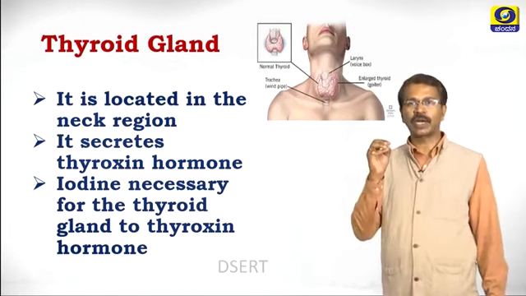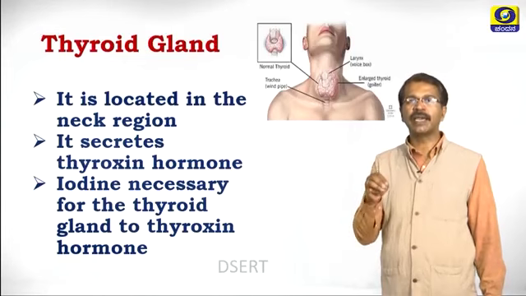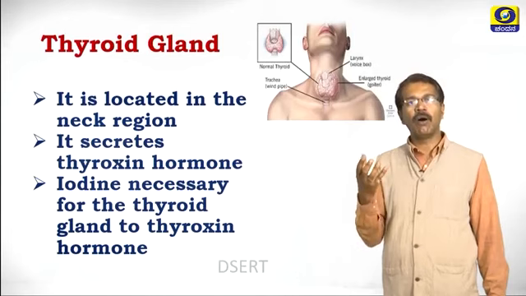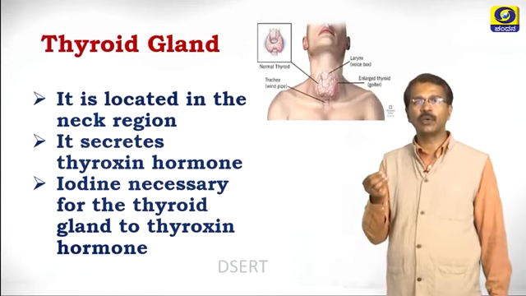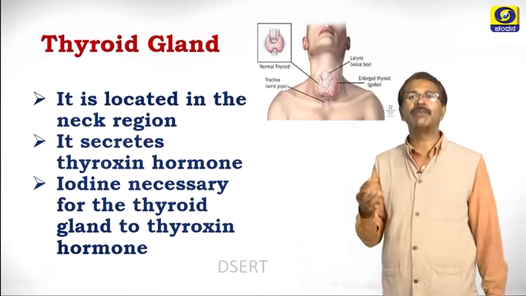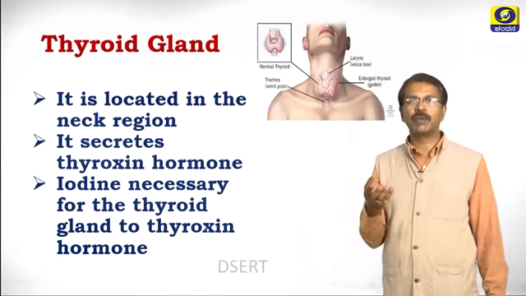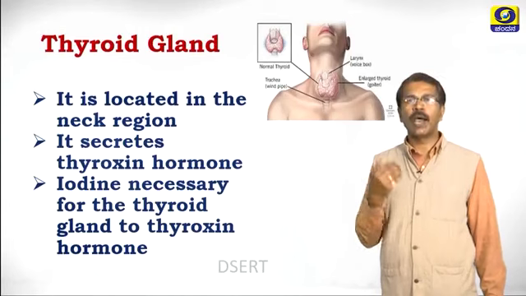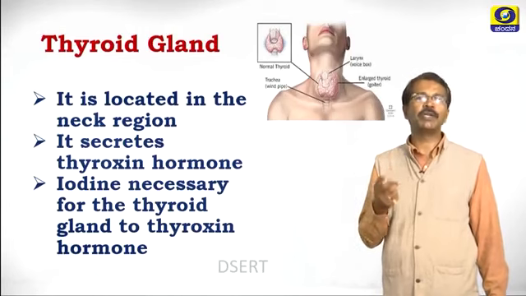That means your diet must contain iodine. How will we get iodine? Usually all the vegetables contain iodine. But sometimes if the vegetables do not contain sufficient iodine, you have to supplement your body with iodine.